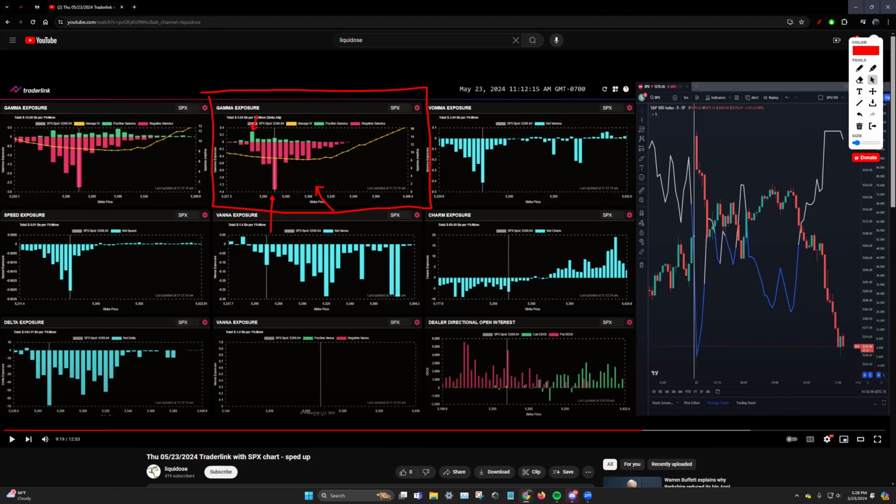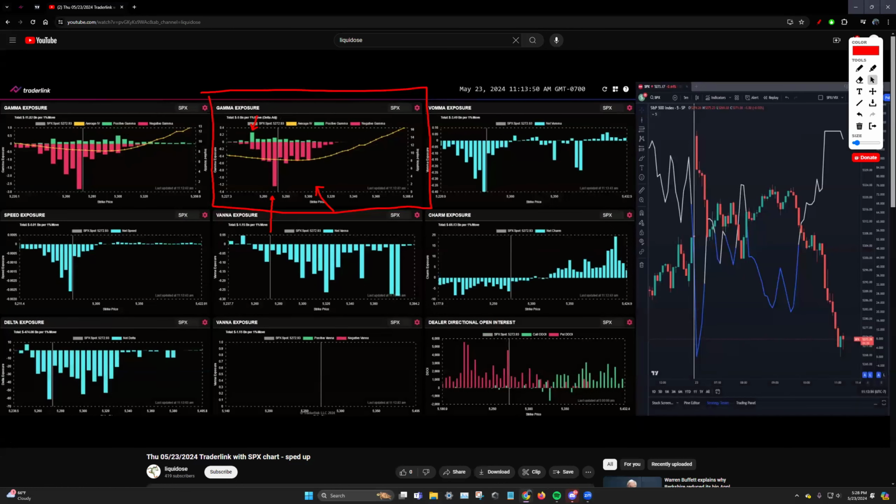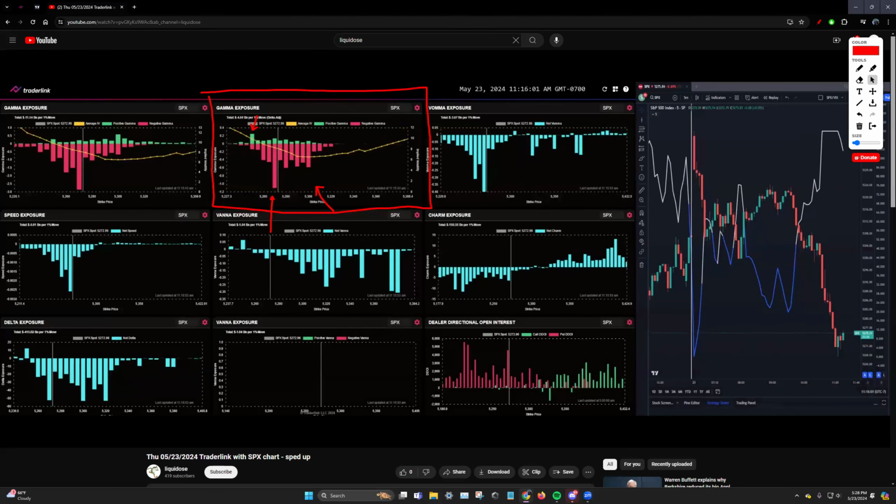Type it in the chat. It's not support. Yes, you may see some bids there, but it's not meant to act like support. Acceleration. Look what happens. We get a bounce around that 70 area, but once again, it's not meant to act like a support level.